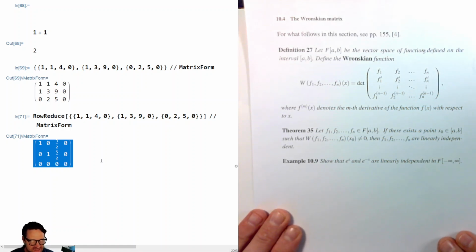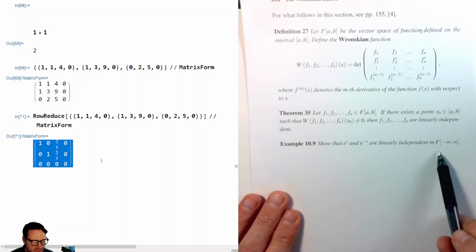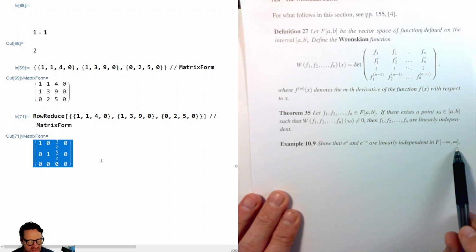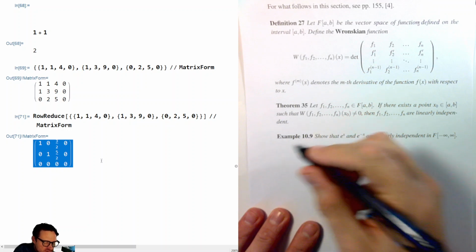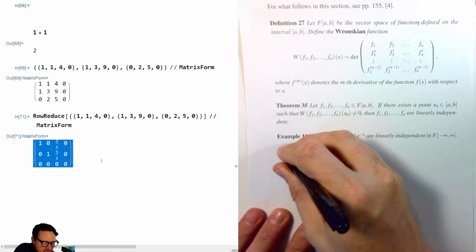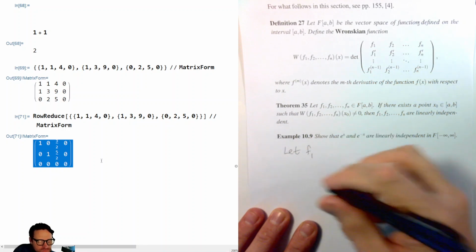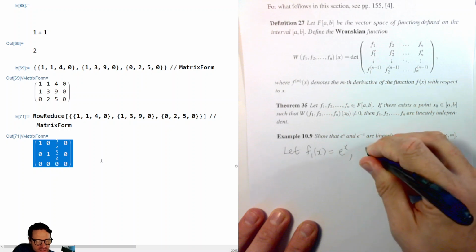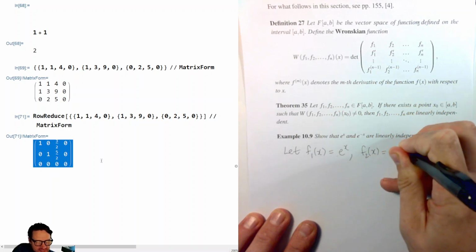Show that e to the x and e to the minus x are linearly independent in the function space over the interval minus infinity to infinity. So we want to form our Wronskian matrix for this, but since we only have two functions, it's going to be 2 by 2. So let f1 of x be equal to e to the x, and f2 of x be equal to e to the minus x.